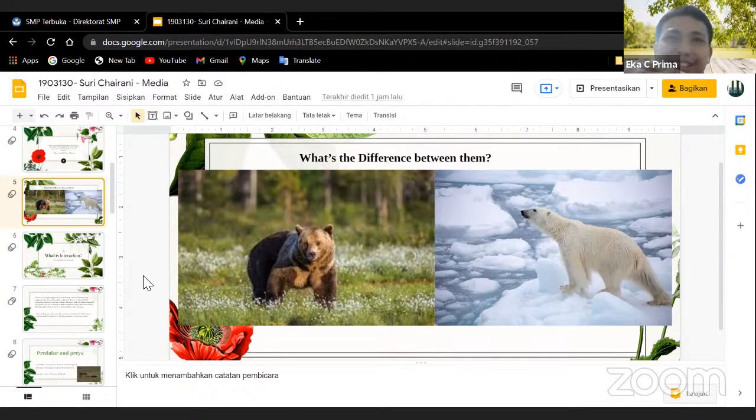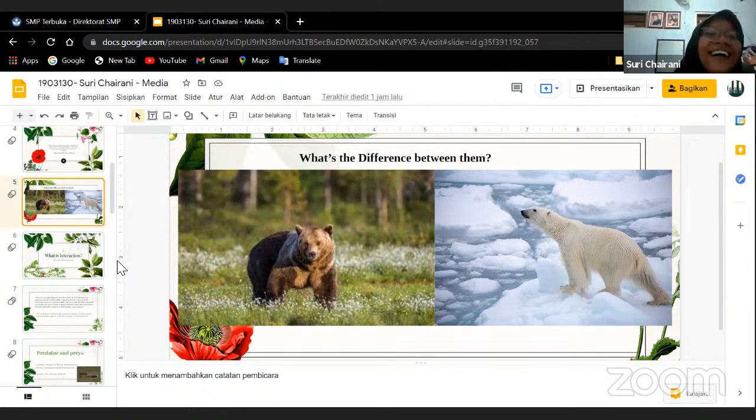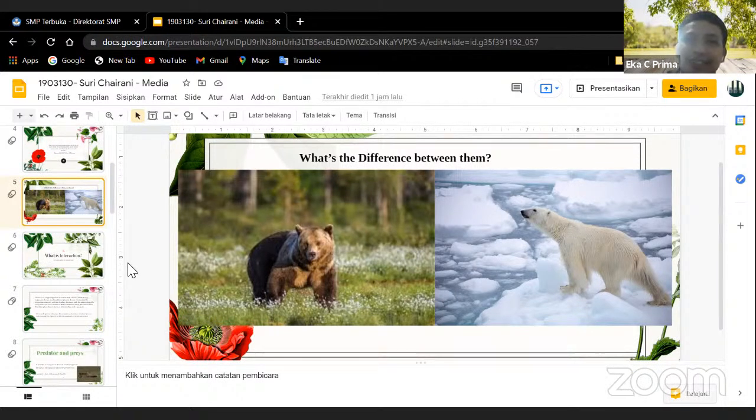What is the consequence? Could the polar bear live in the green forest? This is also a question to the students. What will happen if a polar bear lives in the green forest?